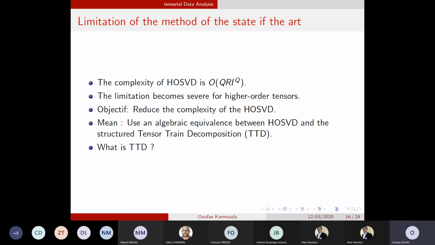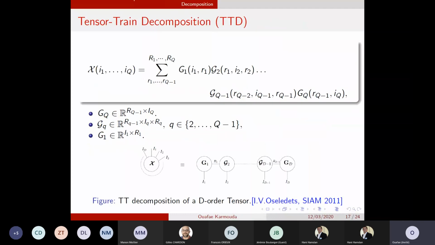So first, we're going to define what is the Tensor-Train Decomposition. So the main idea of this decomposition for a tensor X of order d is to break this tensor into d minus 2 tensors of lower order, of order 3, and two matrices, G1 and Gd.